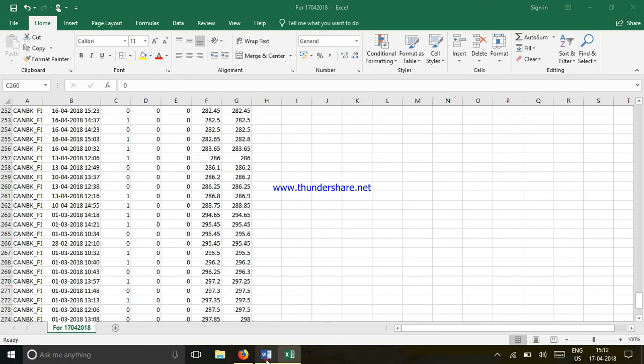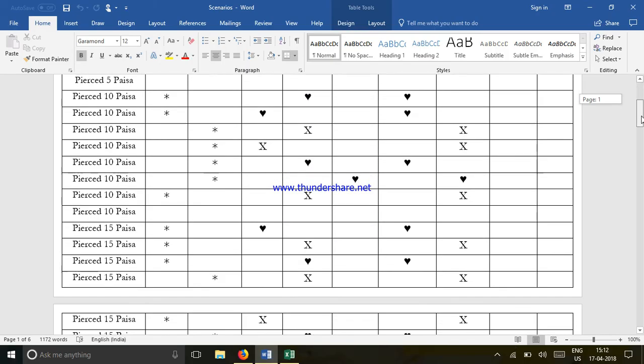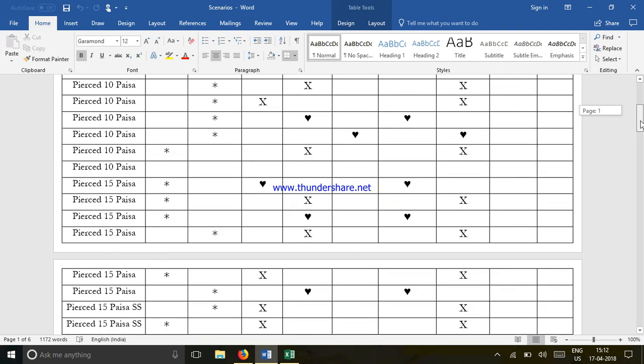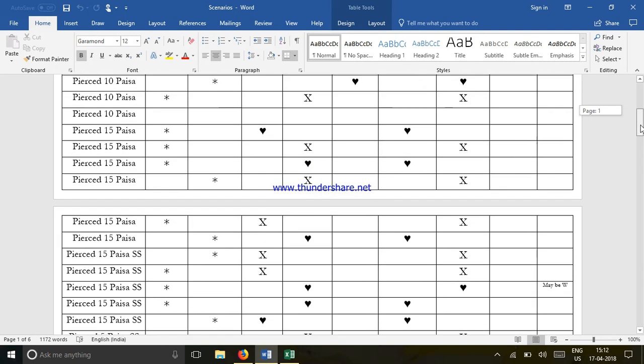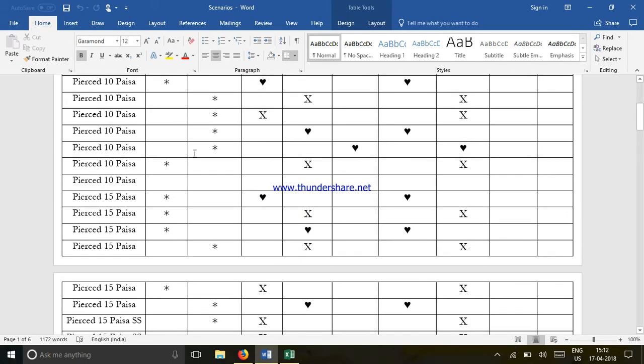Now what is the next condition that it's supposed to fulfill? Pierced 15 paisa, this is low above column, this is same color, not same color, pattern is there, no pattern is there. So pierced 15 paisa low above, this is low above, right?